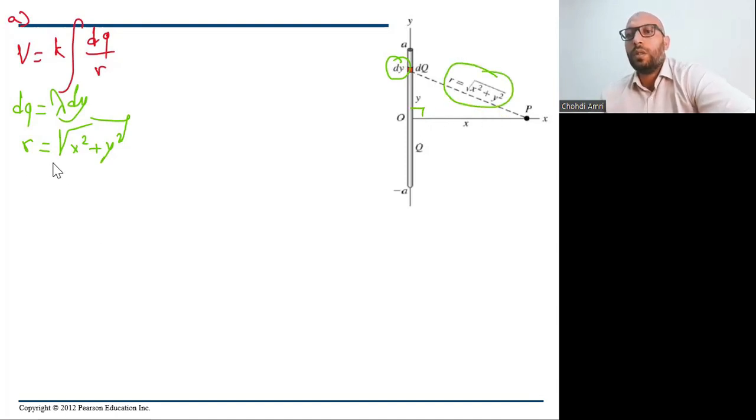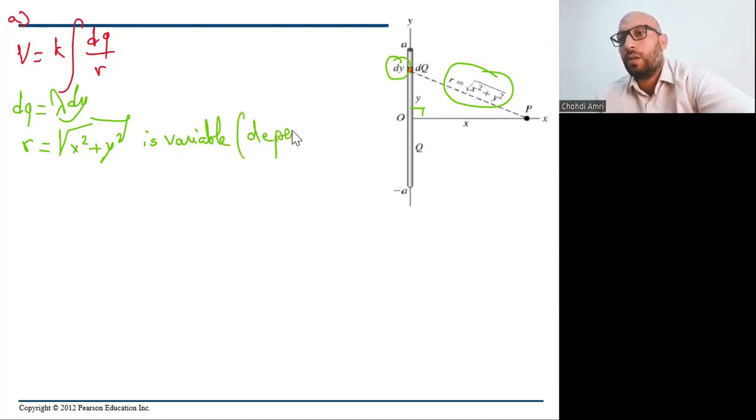Okay, and you see that dq is written as a function of dy, and R depends on y, so it is variable, not constant, because it depends on dq location.